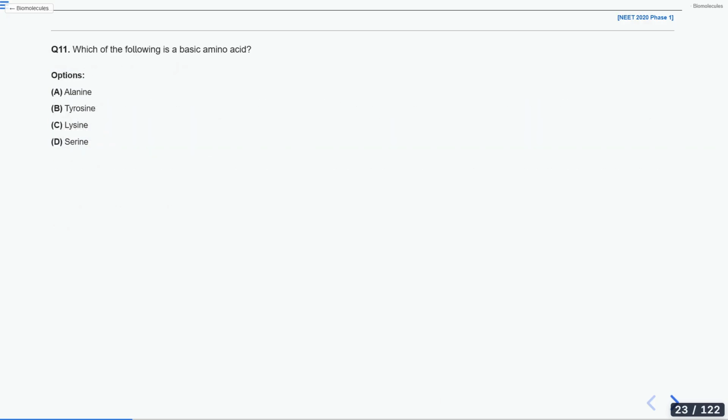So here is the next question. We have to tell the name of the basic amino acids out of the 4 options. It's a very easy question.